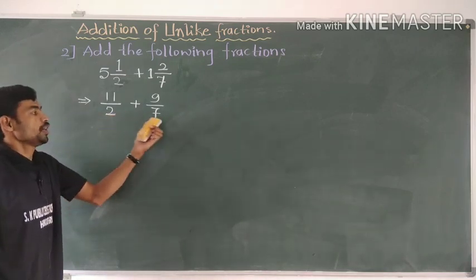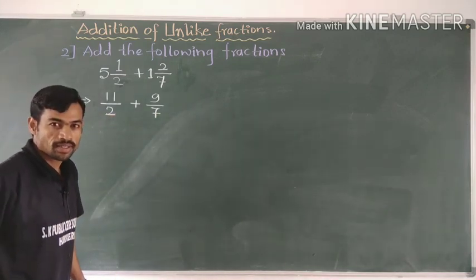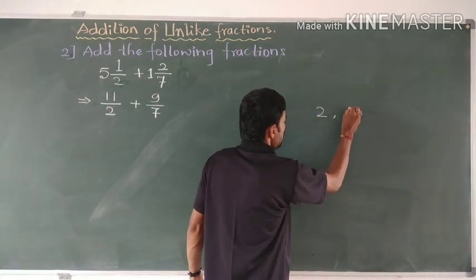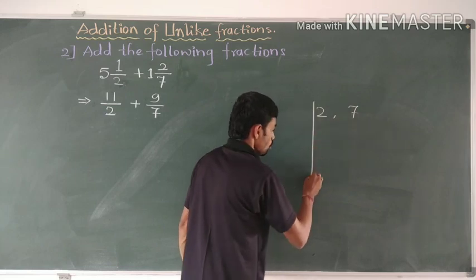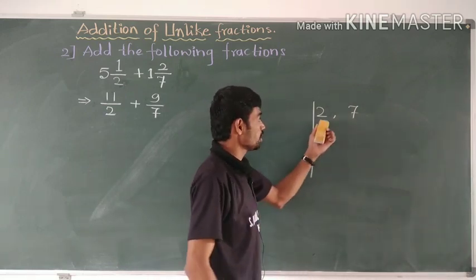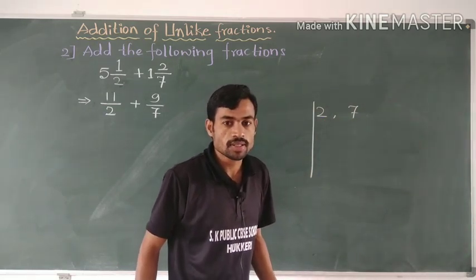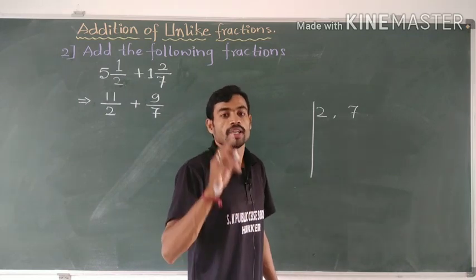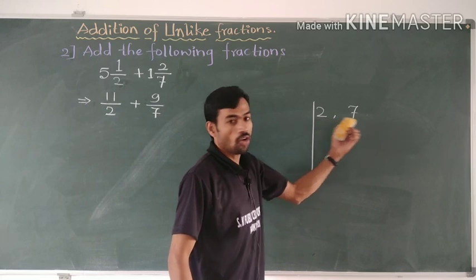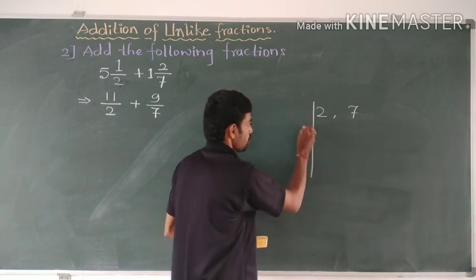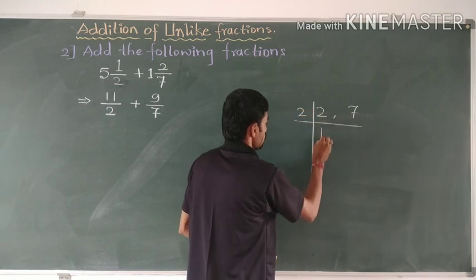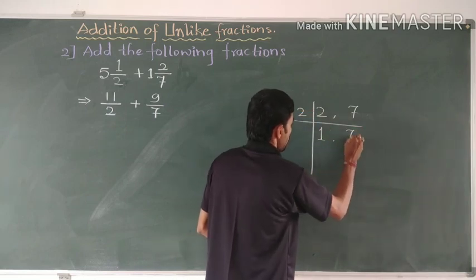We have to find the LCM of the denominators. What are the denominators here? 2 and 7. Both the numbers are prime numbers. Therefore, their LCM is the product of these two numbers. 2 is divisible by 2, so 2 ones are 2. 7 is divisible by 7 directly, so 7 as it is.